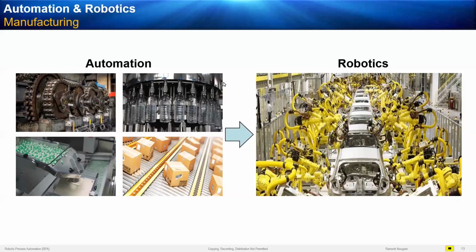Okay, so what is the difference between automation and robotics? I think the next slide will clarify it very, very easily. We all are very much familiar with this. In the manufacturing world, we have brought in automation with the help of machines. We manufacture with the help of machines.